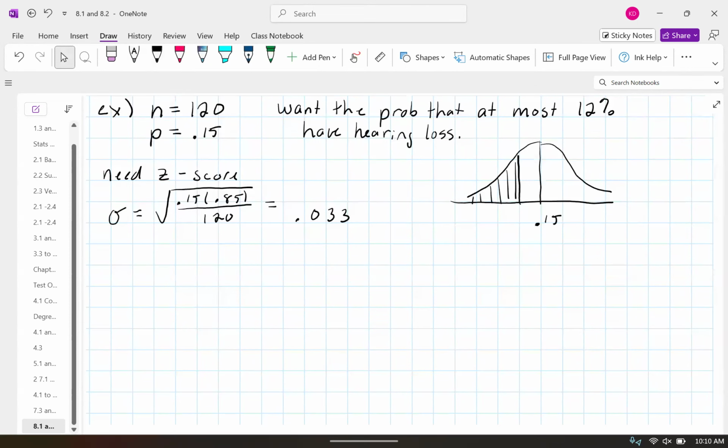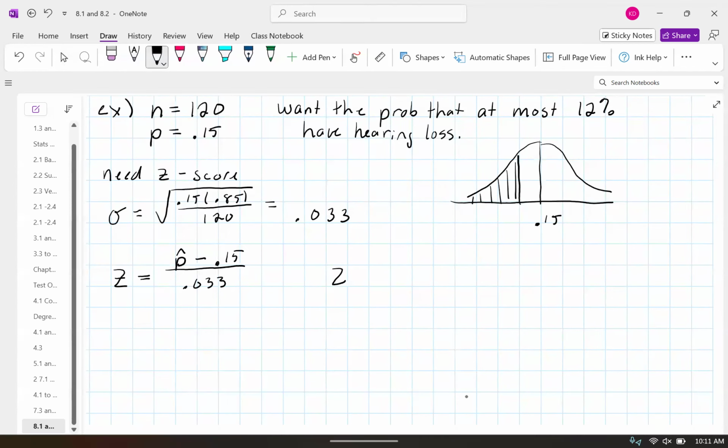So our z-score, in this case, we're going to use our p hat minus our mean, which is our p-value, all over our standard deviation, 0.033. Our standard deviations are always going to be decimals here, and probably small ones at that, because we're looking at proportions, which are always 1 or less. So we get some little numbers to deal with. That's our generic z-score equation.